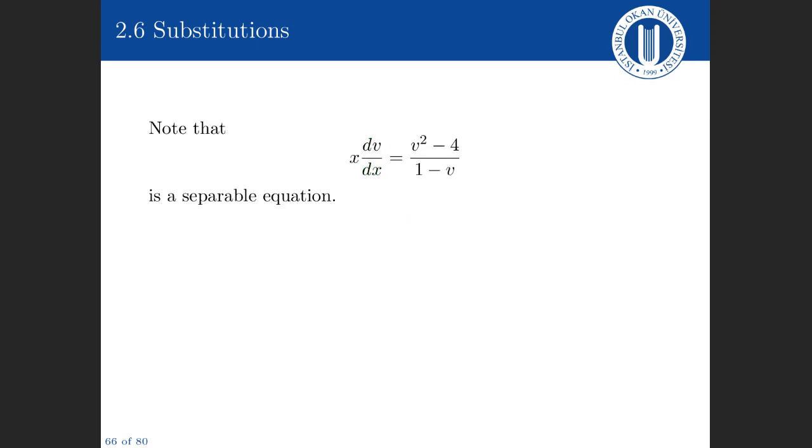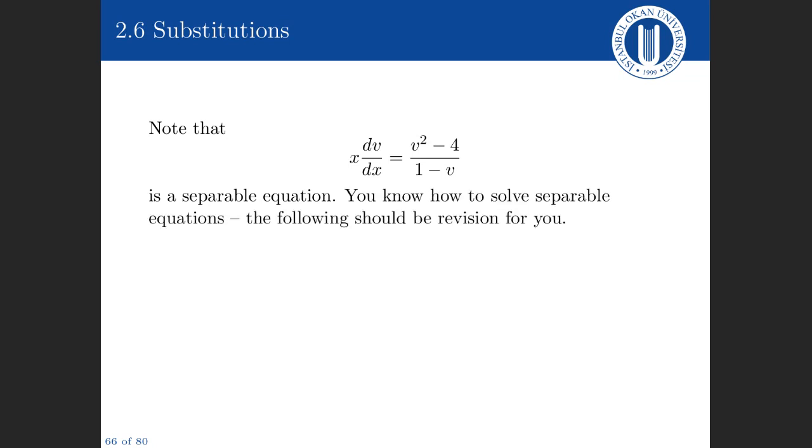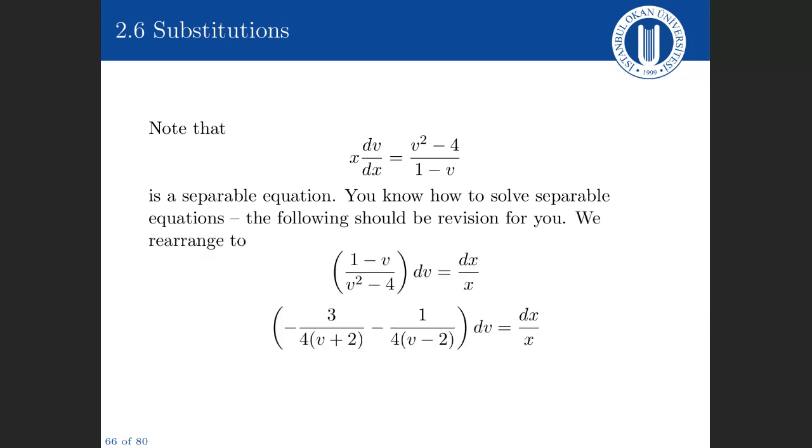Now note that this is a separable equation. You know how to solve separable equations. So the question, which I'm going to go through quite quickly, should just be revision for you. If you rewatch this lesson, you can slow this down and check it more carefully. I can rearrange this so that all of the v terms are on the left, and all of the x terms are on the right.